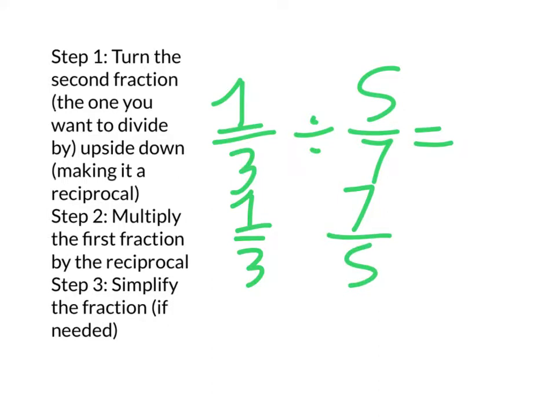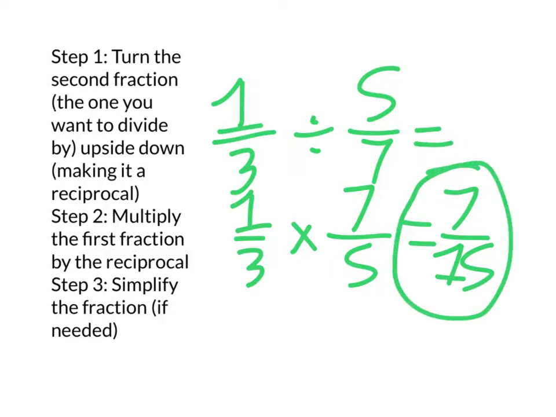Second step is you're going to want to multiply the first fraction by the reciprocal. And then, just like we did previously with multiplying fractions, you're going to multiply the top to get 1 times 7 equals 7, and the bottom to get 15, and simplify the fraction if needed. As the third step, we don't have to simplify, so that gives us a final answer of 7/15.